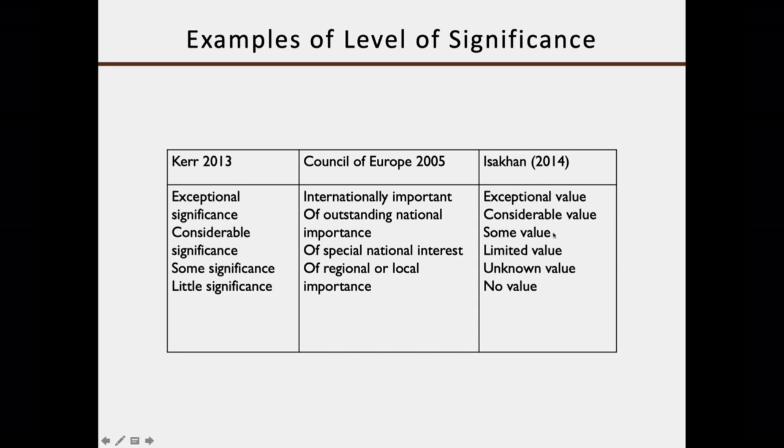Another one I wanted to mention is more recent work from 2013 by Isakhan, where he uses mainly the categories defined by the Conservation Plan and National Trust, and adds a few categories of unknown and known.